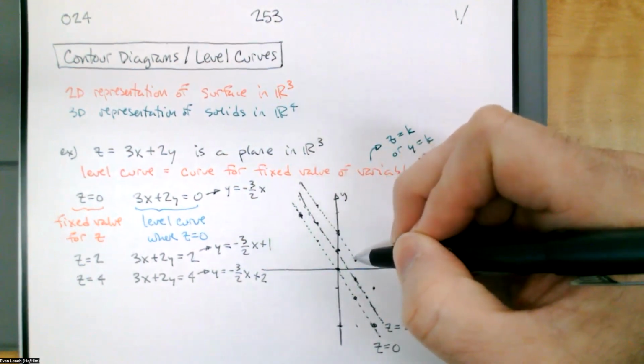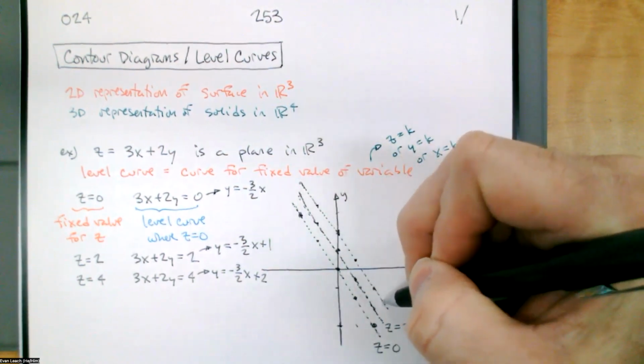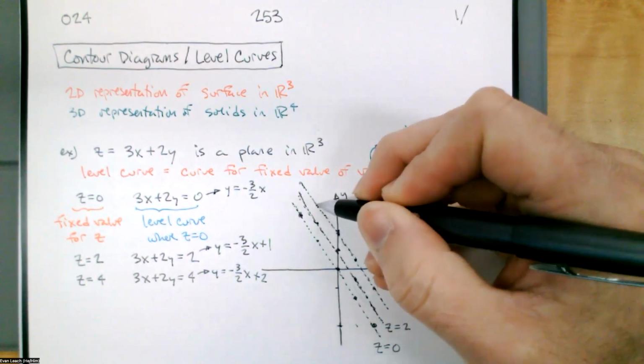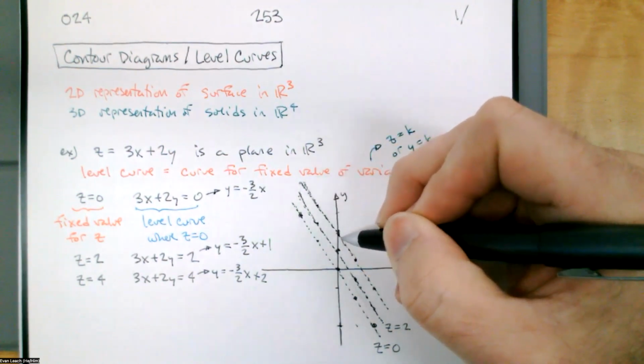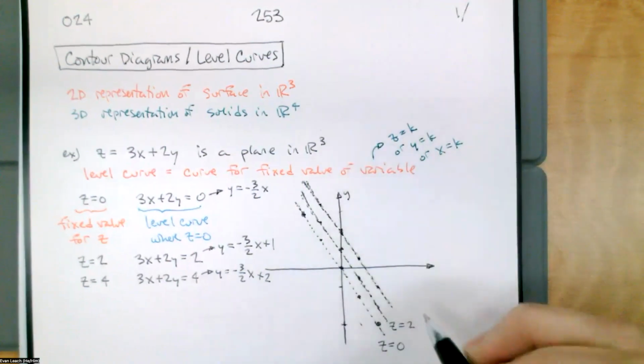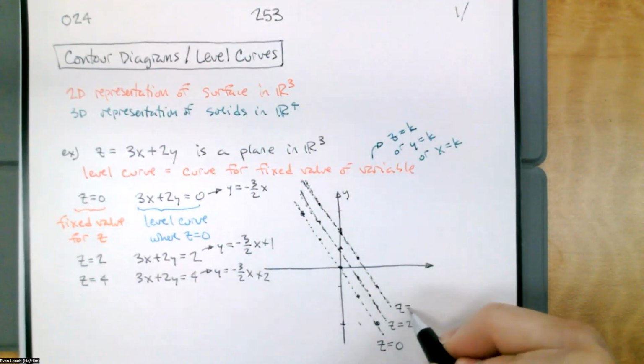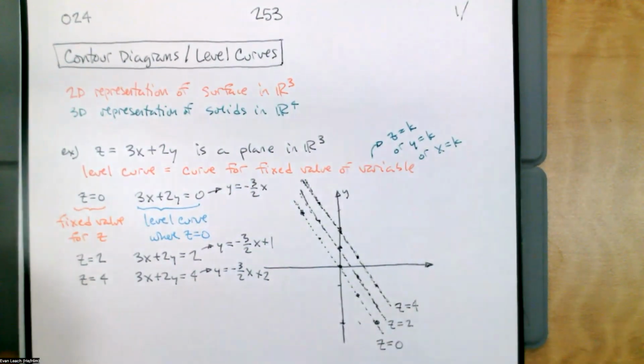So unsurprisingly, we're not getting very interesting contours when we're drawing the graph of a plane. The contours of a plane will always just be parallel lines.